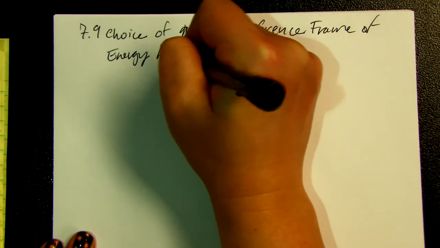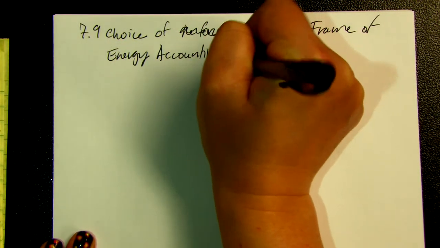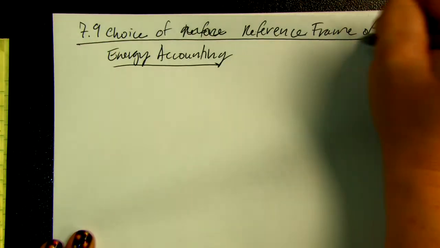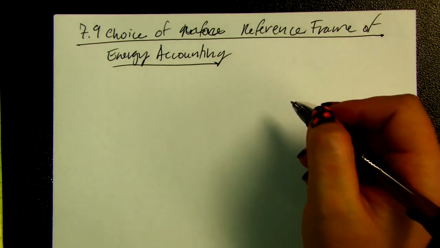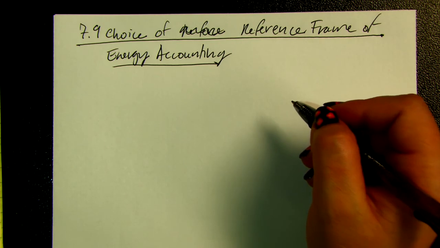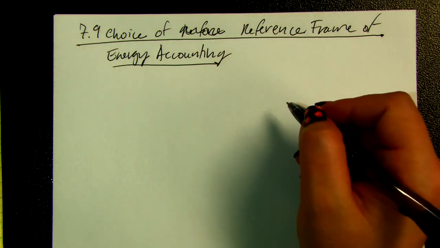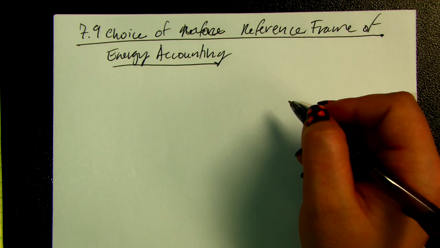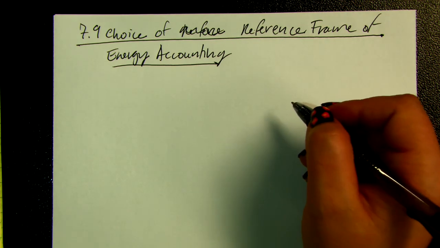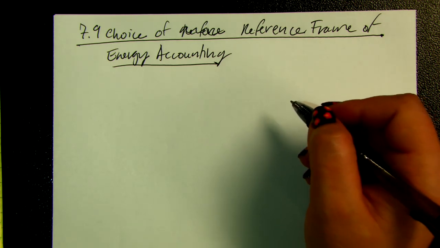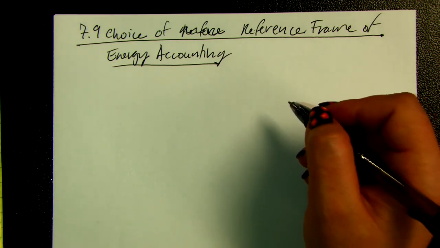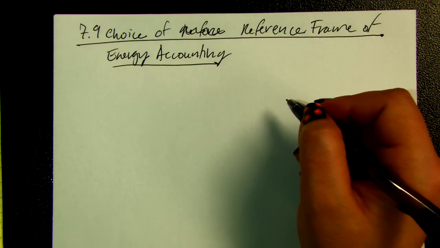Energy accounting. As we've been talking about previously in physics, the point of view of the observer is important. So we ask questions about what is in our system, what is in our surroundings, but we also ask from what perspective are you observing? Are you observing from a perspective of rest, or from a perspective of constant velocity?